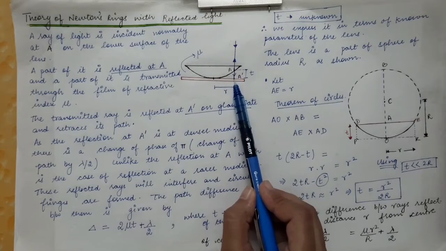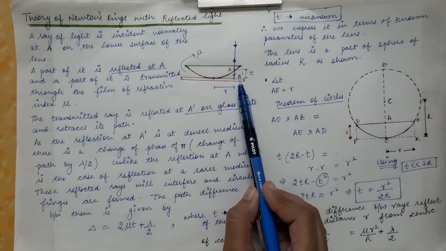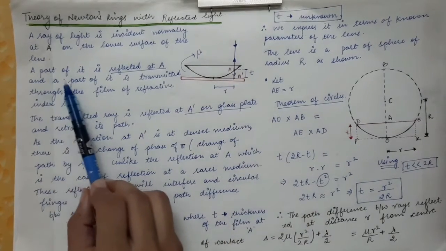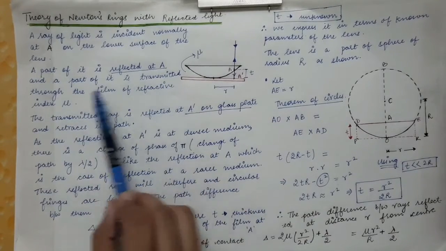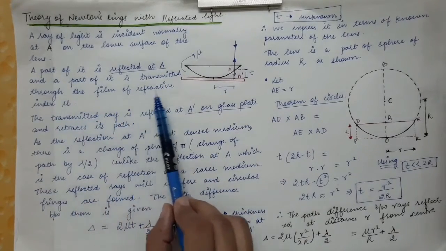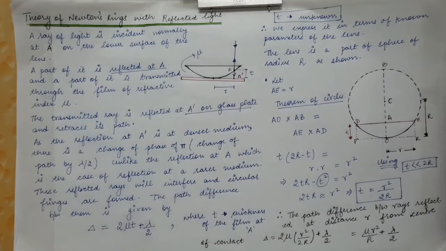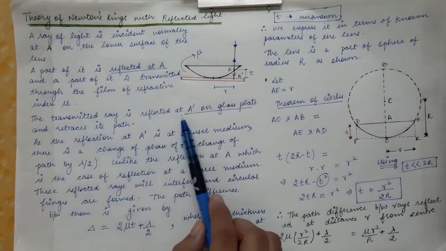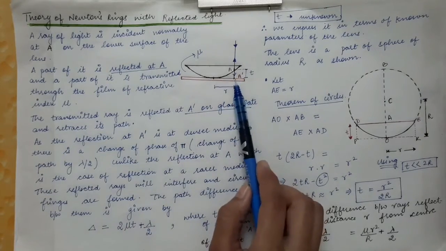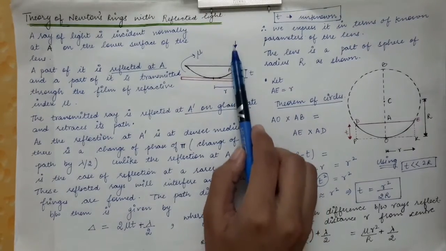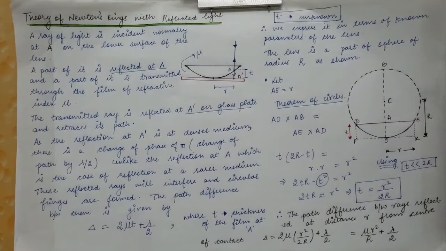Then there is another reflection at point A prime. So a part of it is reflected at point A and a part of it is transmitted through the film of refractive index mu, where mu is the refractive index of the thin film. The transmitted ray is reflected at point A prime on the glass plate. So these two reflected rays will interfere with each other.